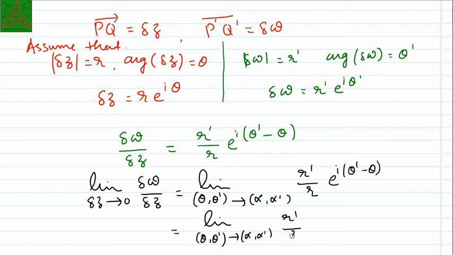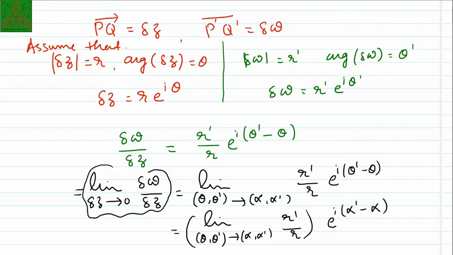So r dash upon r, and I am applying this limit to this quantity, so that is e power r dash minus alpha. That is the thing you have. And what is this side? You just observe this one is nothing but the derivative, that is f dash of z.